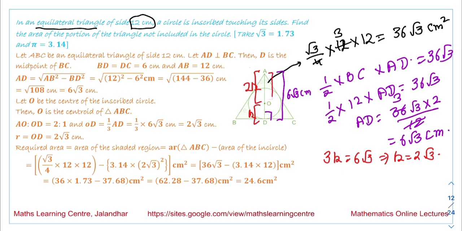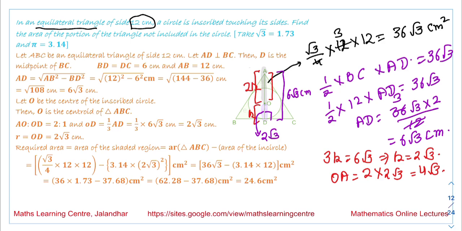So the length OA is equal to 2 into 2 root 3, that is equal to 4 root 3. But we do not need OA, basically we require OD. So this OD value is equal to 2 square root 3.